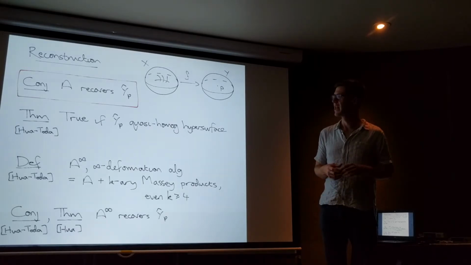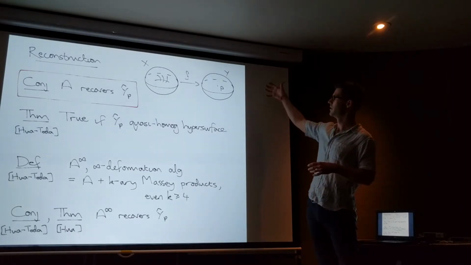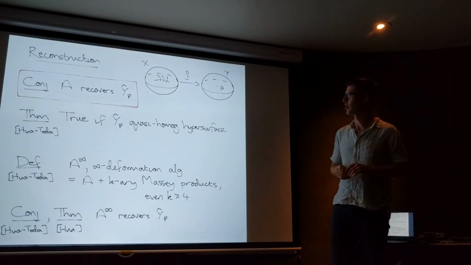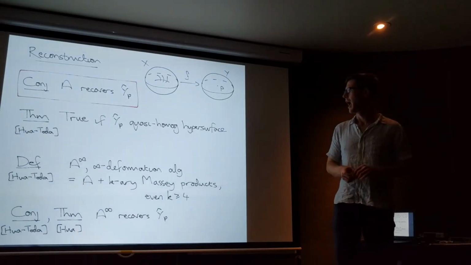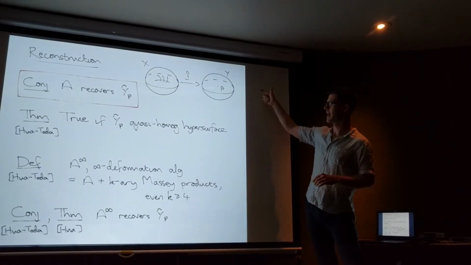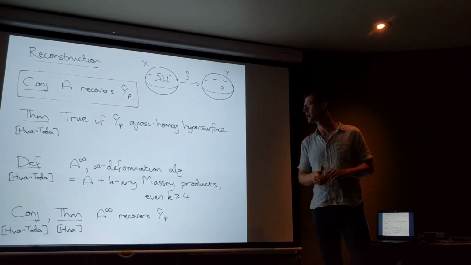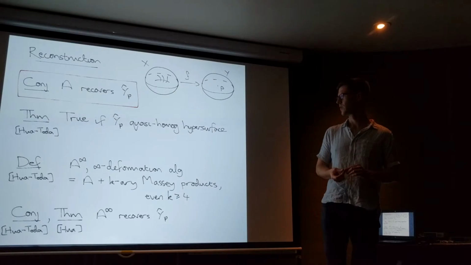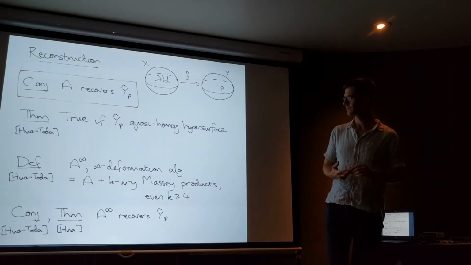So this algebra gives a way to classify the geometries that occur here. And this has now been proved if that singularity is a quasi-homogeneous hypersurface. This is work of Hua and Toda.